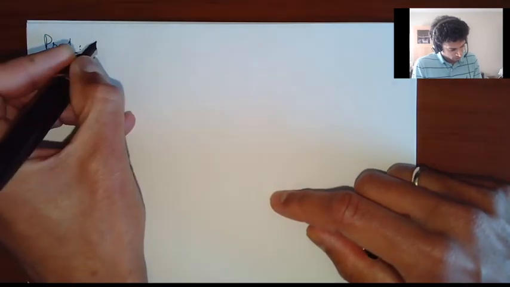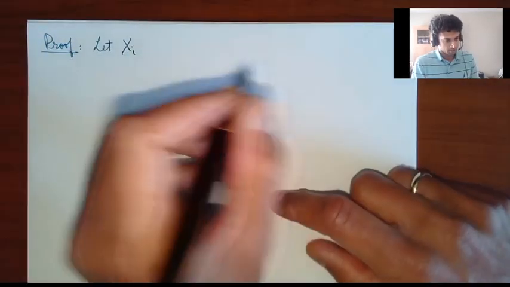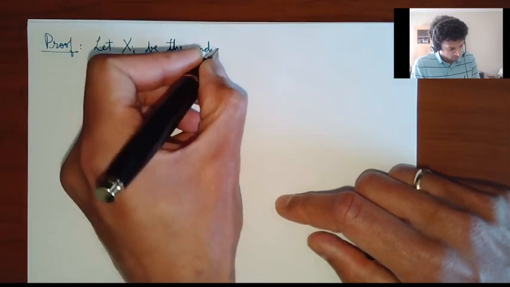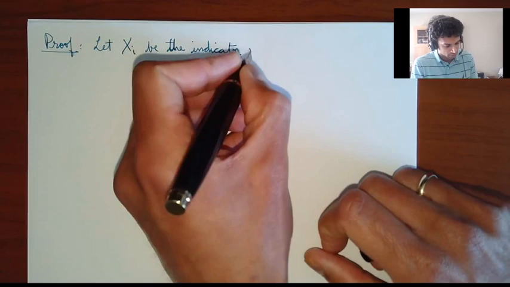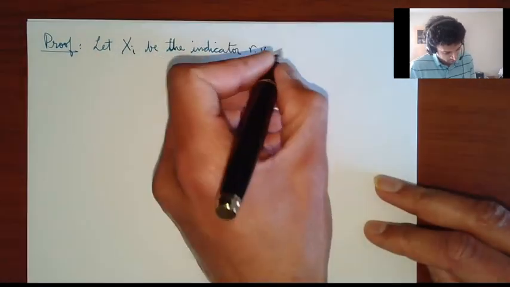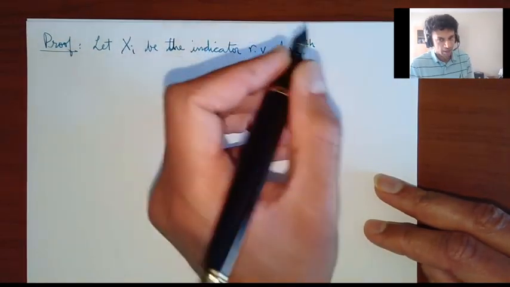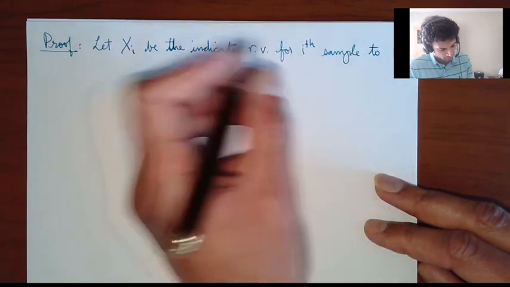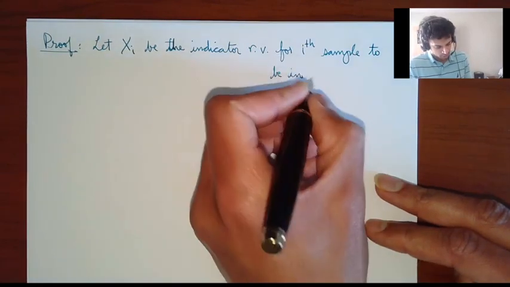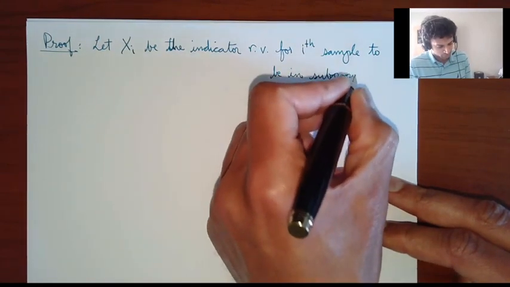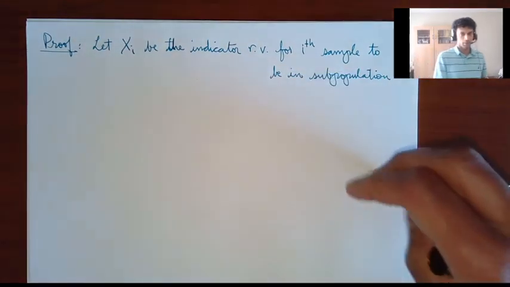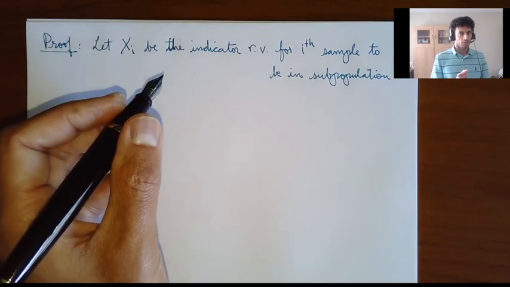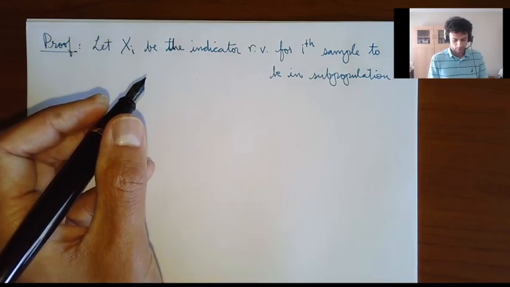So let Xi be the indicator random variable for the ith sample to be in the subpopulation. This is going to be 1 if the ith sample was in the subpopulation and 0 otherwise.